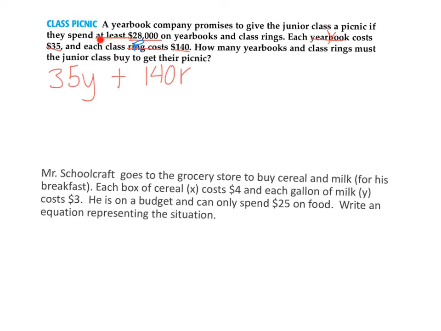So we need to figure out what inequality goes here. The inequality that matches up with at least is greater than or equal to 28,000. The amount that they spent can be equal to 28,000, that'll reach the goal, or it can be greater than 28,000. Okay, that's what at least means.